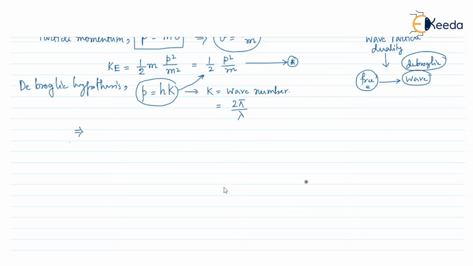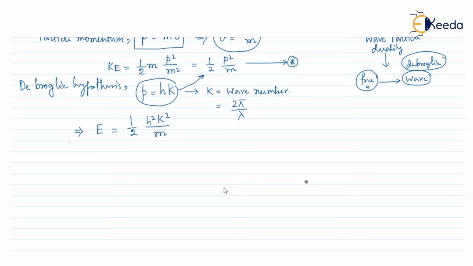If we denote the kinetic energy as capital E, then E is equal to ħ²k² divided by 2m, where ħ is the reduced Planck's constant and k is the wave number of the wave associated with the free electrons.